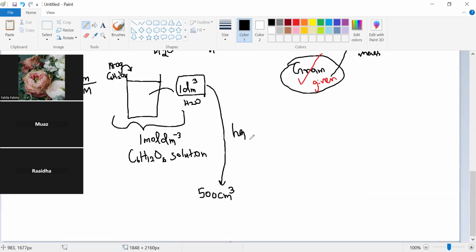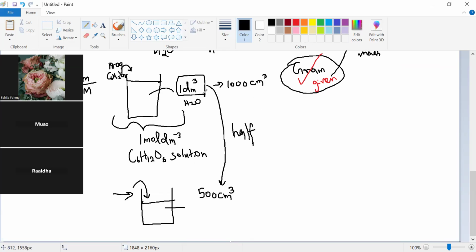Did you all understand that? 1 cubic decimeter, in other words, is equal to 1000 cubic centimeter. Now, if I want only half of it, how much glucose should I add to this particular container, Raida? 250. No, Puta. Now, the volume of water is half.